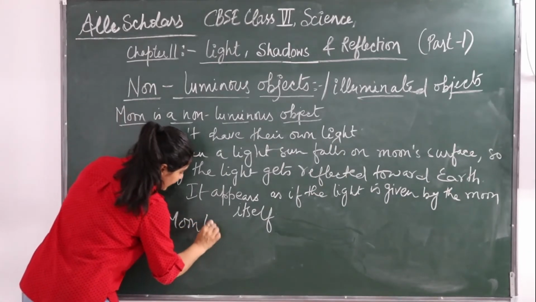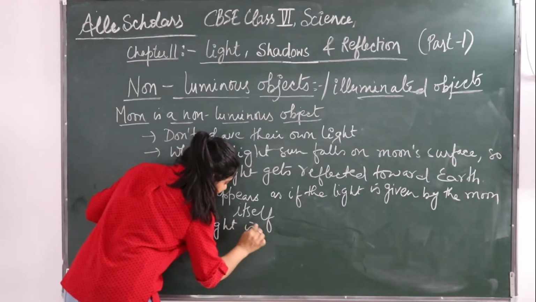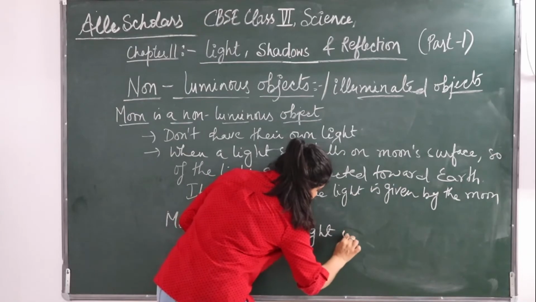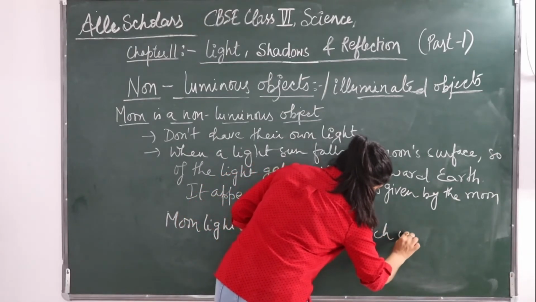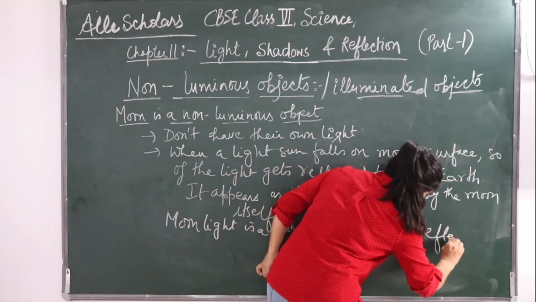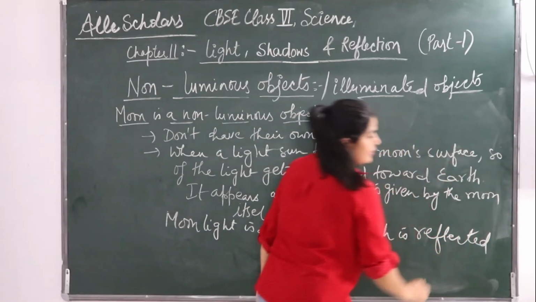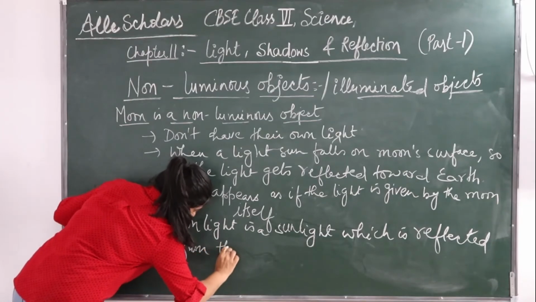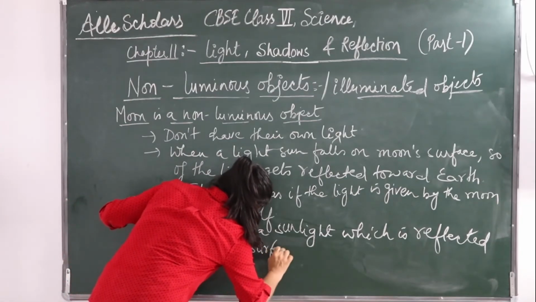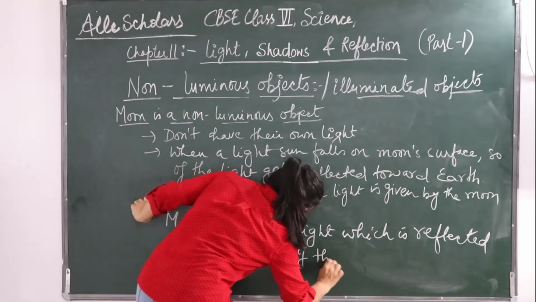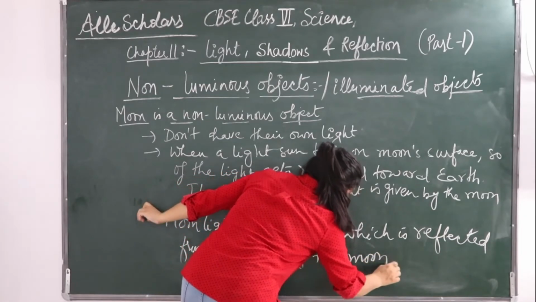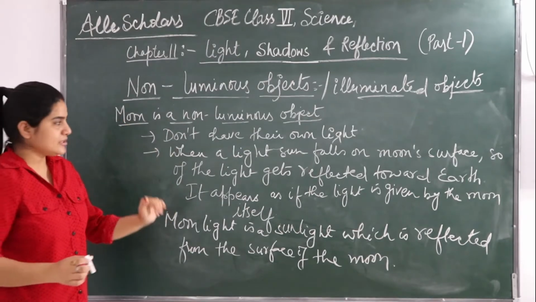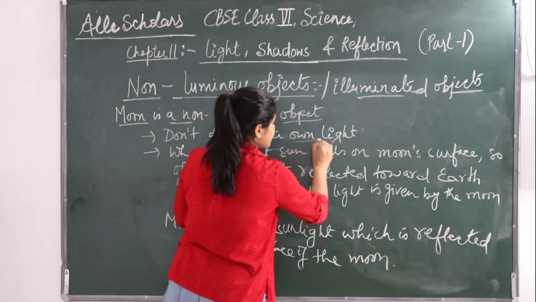Okay, so moonlight is sunlight which is reflected from the surface of the moon. So I hope this is very clear to you that the moon is a non-luminous object because it does not have its own light.